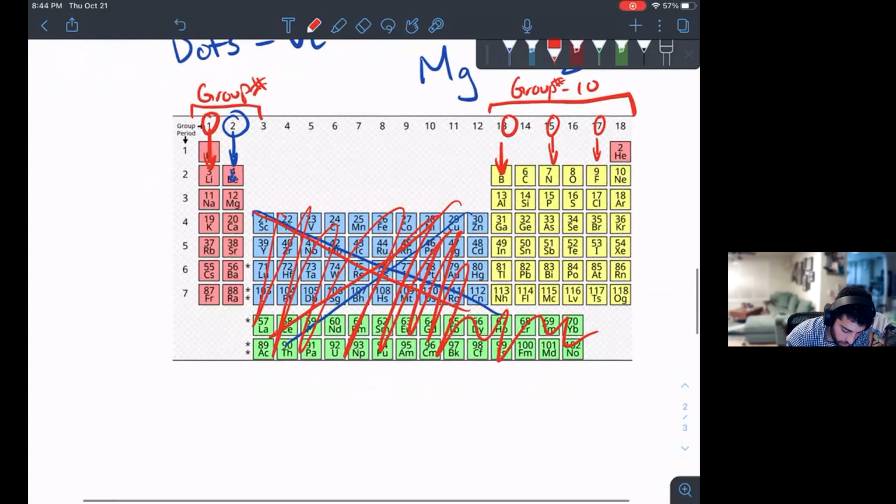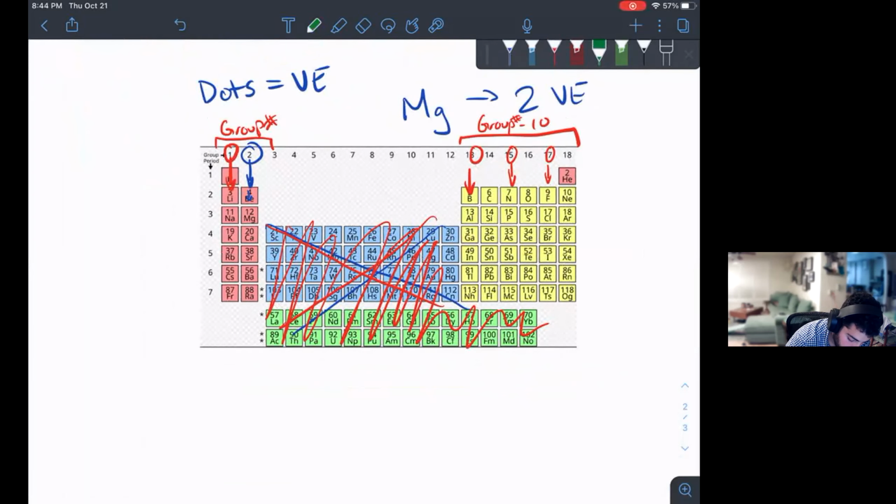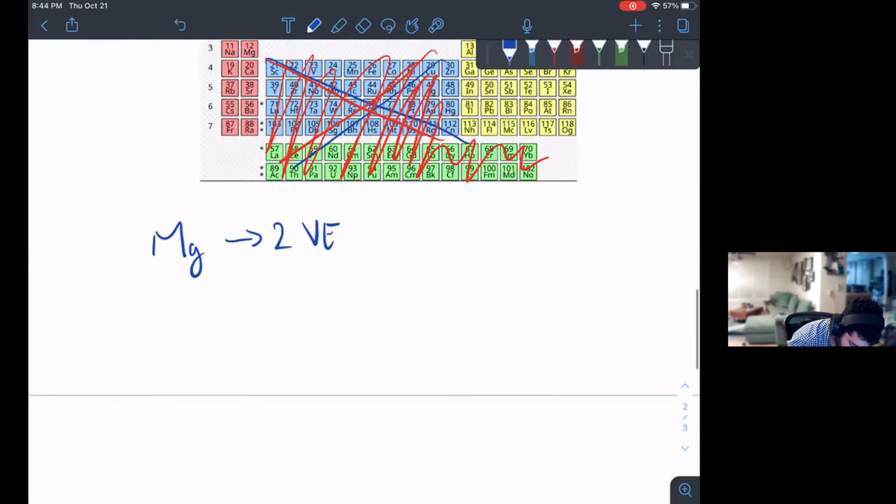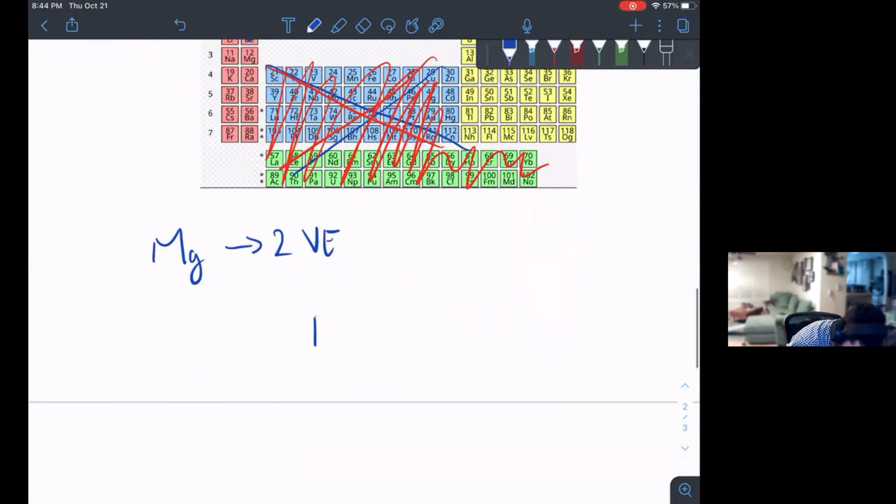So back to our problem of magnesium. It's got 2 valence electrons. So the Lewis dot diagram is 1. We're going to put our element symbol, magnesium, and 2. We're going to put 1 dot for 1 valence electron, another dot for another valence electron, and we are done. Hooray. We are done.